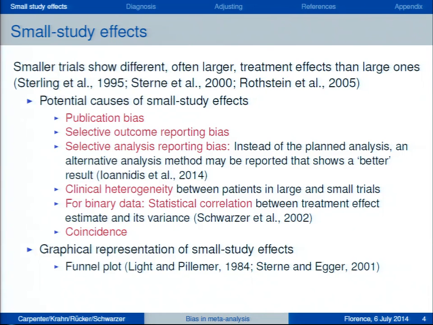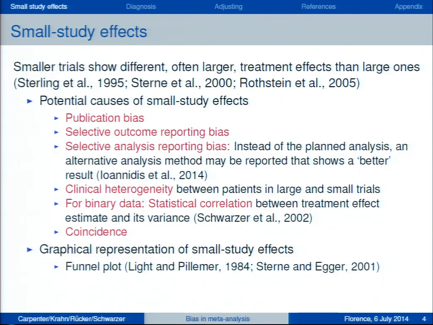So these problems with bias are related to the size of the study, and they tend to be more frequent for the small studies. And if we have such a small study effect, this means that smaller studies we have found may have bigger effects than the large studies we have found.